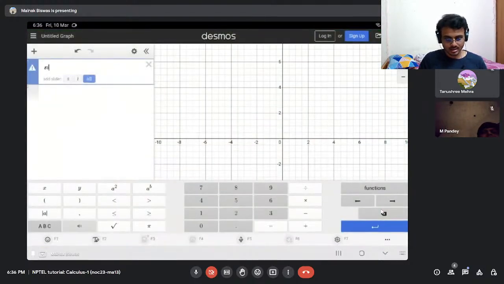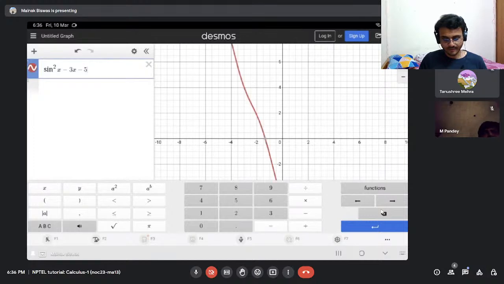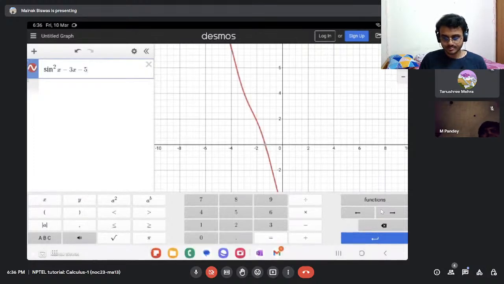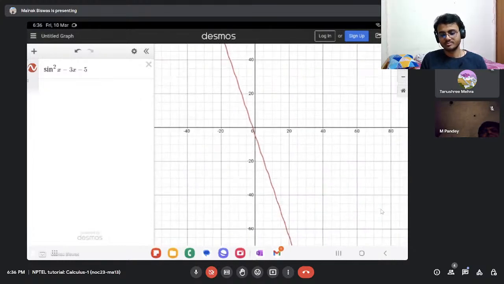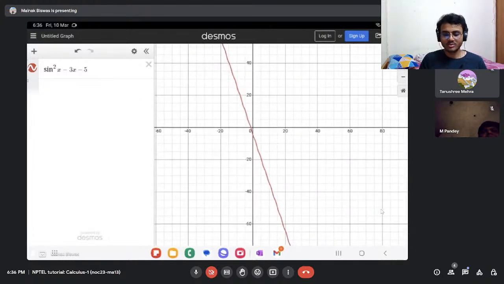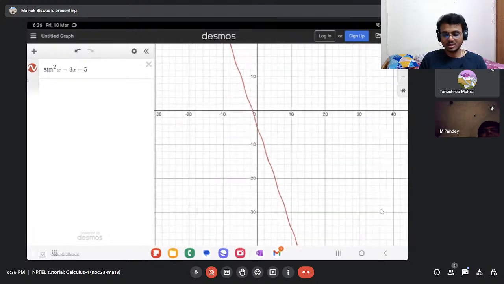Sine square x minus 3x minus 5. I've been a bit sloppy with my drawing there, but did you understand?